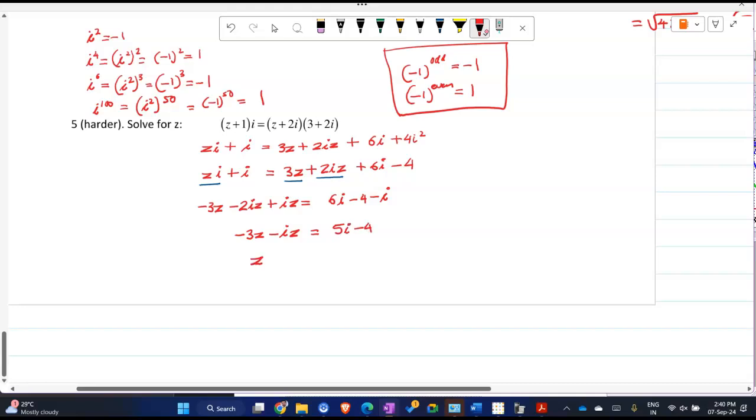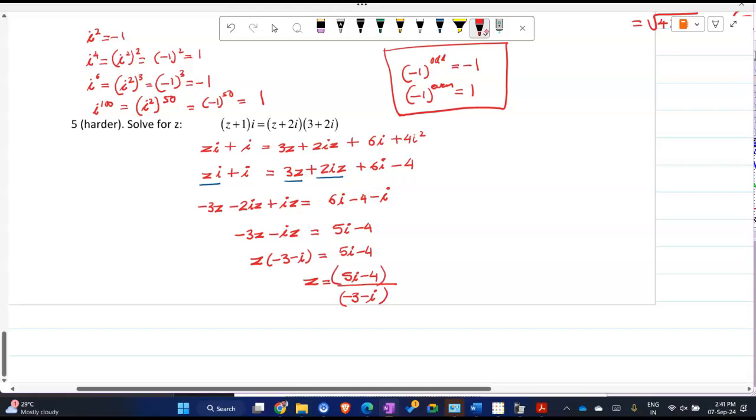Now take z common. What will be left? Minus 3 minus i equal to 5i minus 4. So z is equal to 5i minus 4 upon minus 3 minus i.